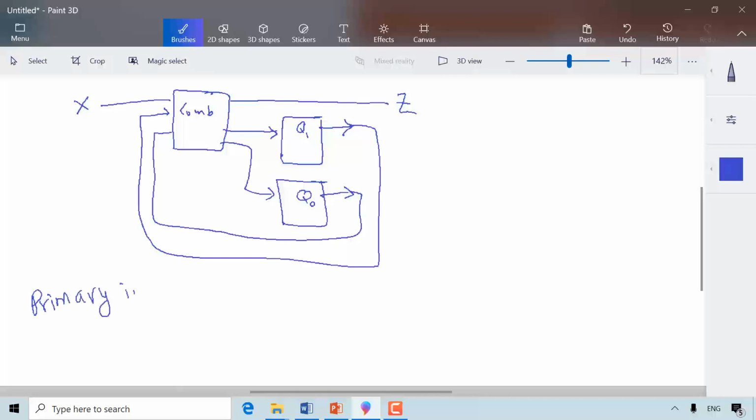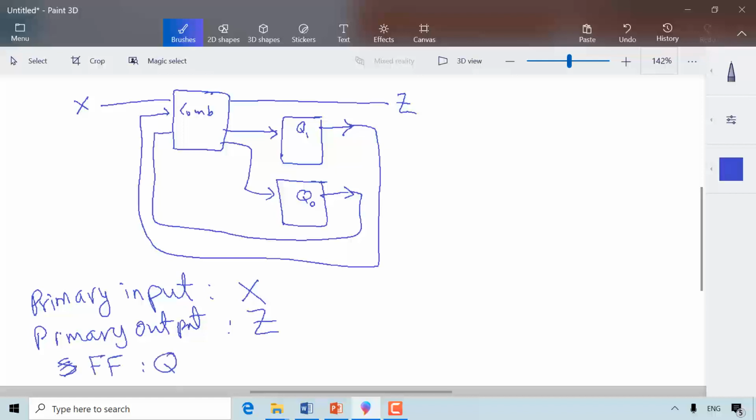So in this circuit, I have the following information. The primary input for this sequential circuit is X. Now, I could have more than one input, I can have X, Y, A, B, C, D, but for this case, I have just X. And the primary output is Z. The flip-flops that I have are Q1 and Q0.